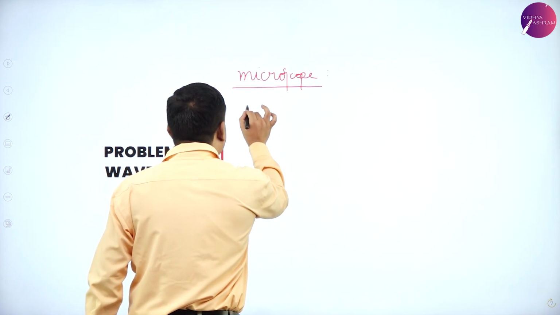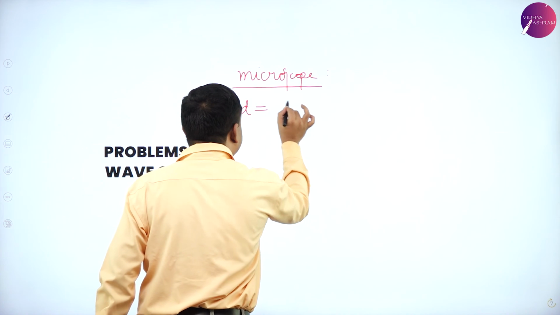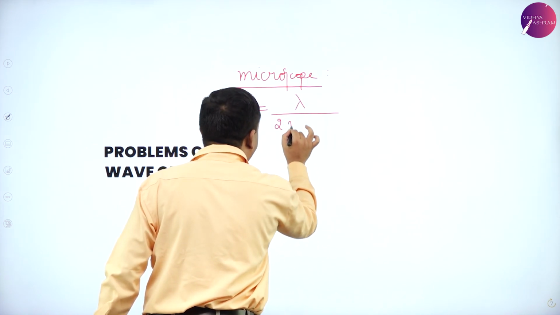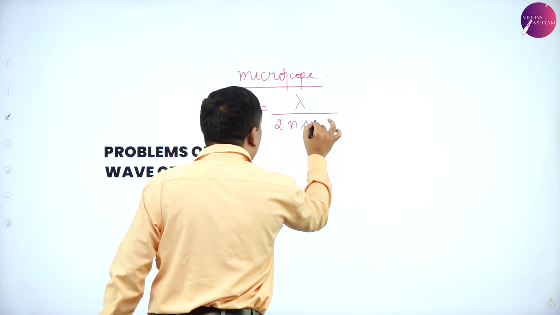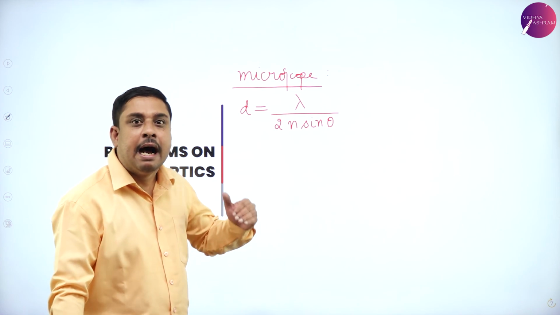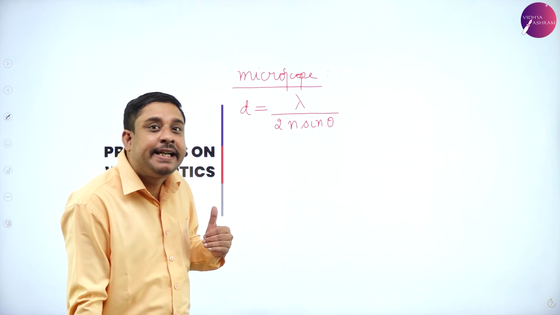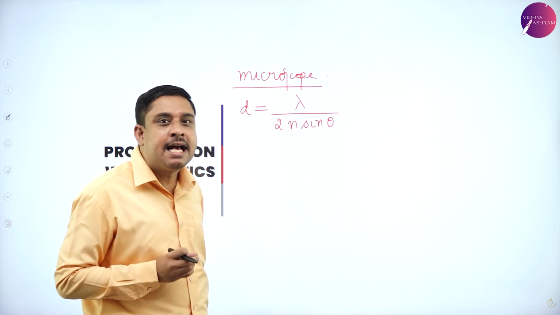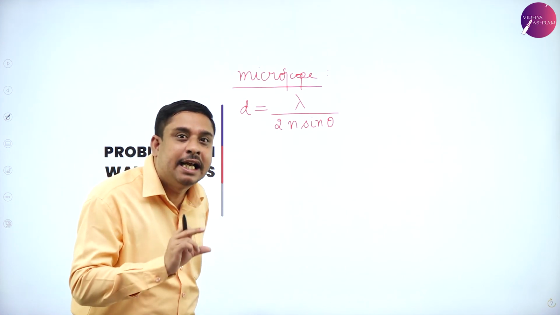So limit of resolution here is lambda divided by 2n sin theta. That n sin theta together is called the numerical aperture.